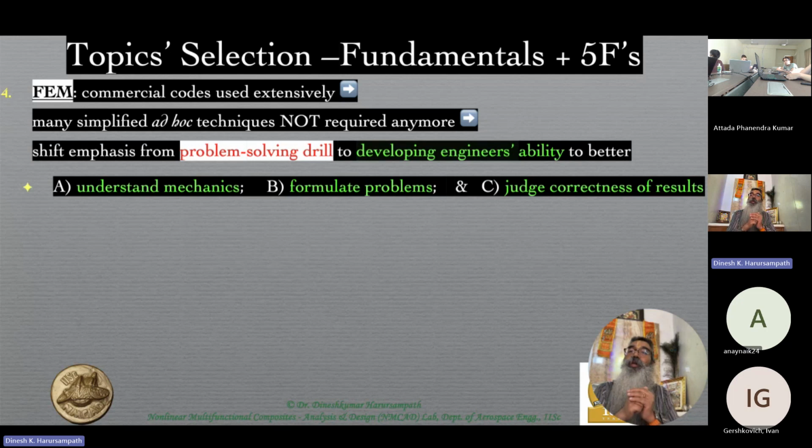Maybe it works for that particular problem, but it may not work for that class of problems to which that problem belongs. So essentially, in terms of robustness, the applicability for a larger class of problems or across classes of problems is not there in many of the techniques in textbook structural analysis, which we used to study in the past.